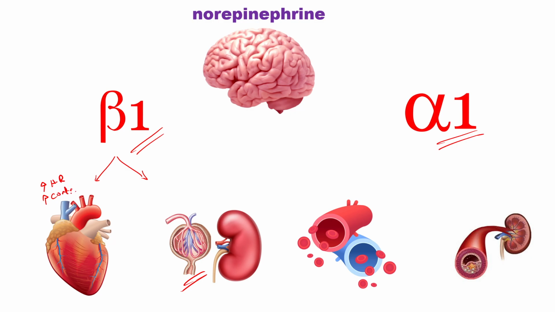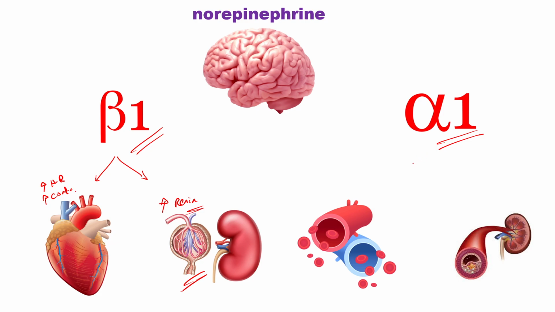Thus, increasing the heart rate maintains a better cardiac output, and increasing the contractility of the heart decreases the drop in the blood pressure. Thus it has chronotropic and inotropic effects. And on the glomerulus, it will stimulate the release of the renin enzyme.